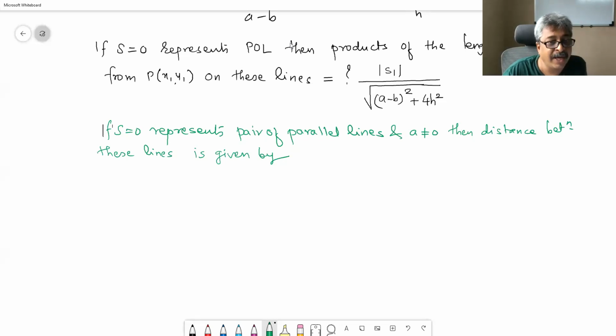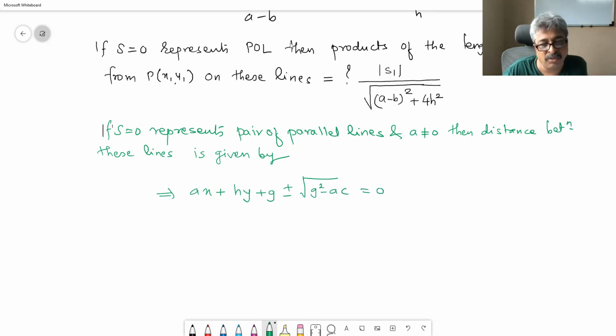The two lines that we have will look like this. In our first derivation, if we put h square minus ab is equal to 0 and hg minus af is equal to 0, then we will get two lines as ax plus hy plus g plus or minus root of g square minus ac is equal to 0. These are the two lines.